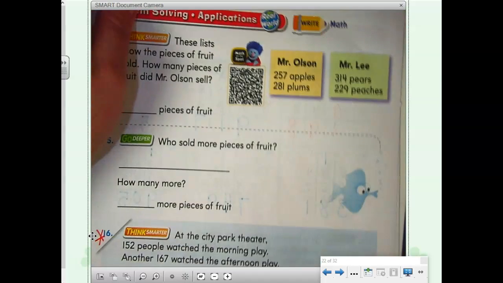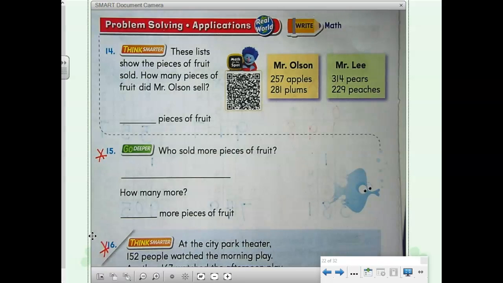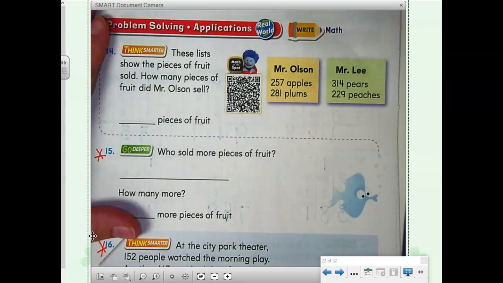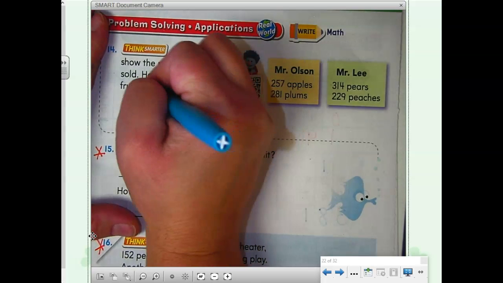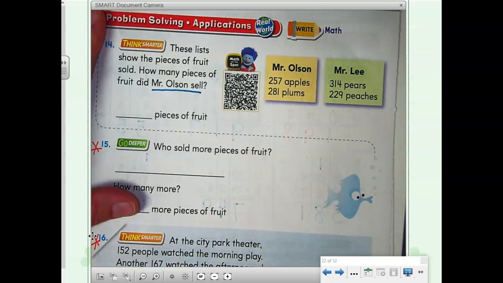Okay. Turn it over. All right, yesterday you watched Math on the Spot to do number 14. It says, these show the pieces of fruit sold. How many pieces of fruit did Mr. Olson sell? So we're looking at Mr. Olson.